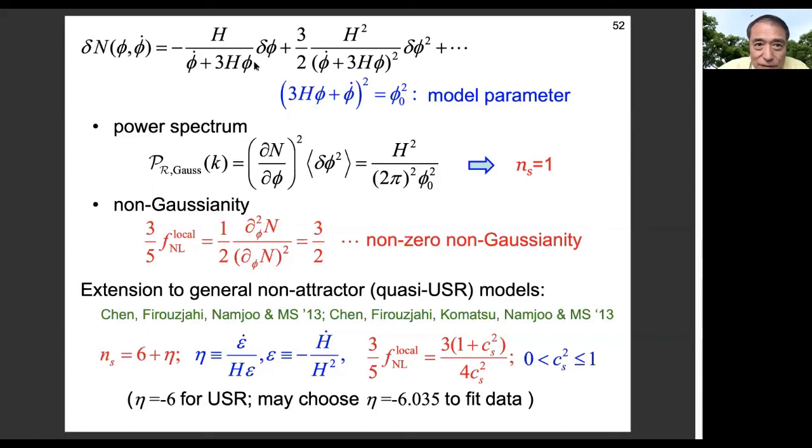That's why, when you want to compute this delta phi and its statistical nature, you have to compute everything inside the horizon. But inside the horizon you can completely ignore gravity, so the computation becomes simpler. So it's essentially the standard quantum field theory computation.